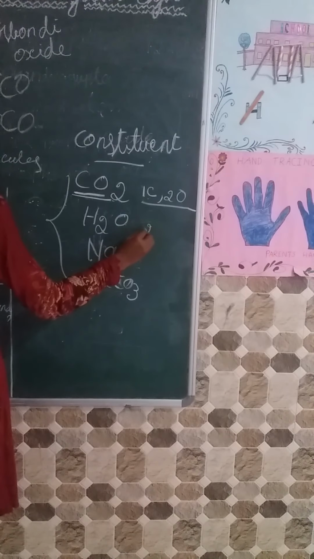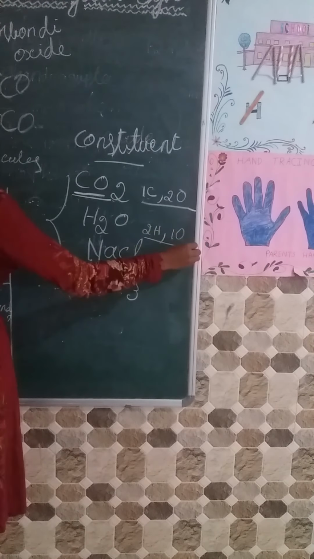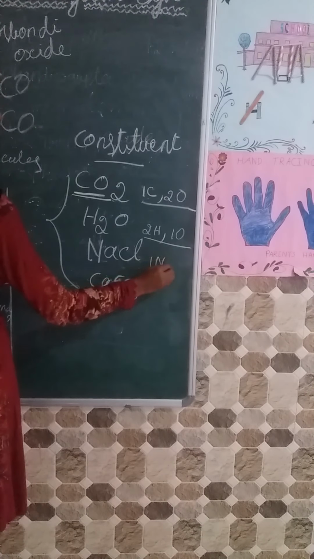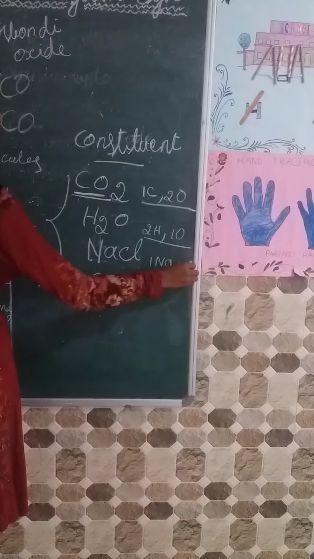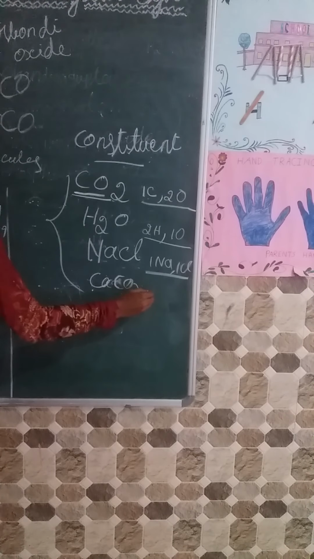Here two hydrogen, one oxygen. This is the constituent of H2O. Here one Na, one Cl. This is the constituent of sodium chloride, NaCl.